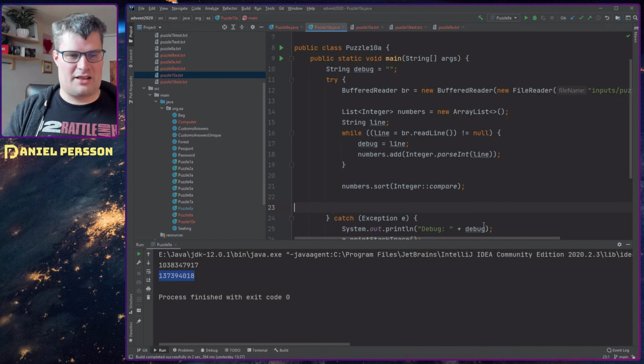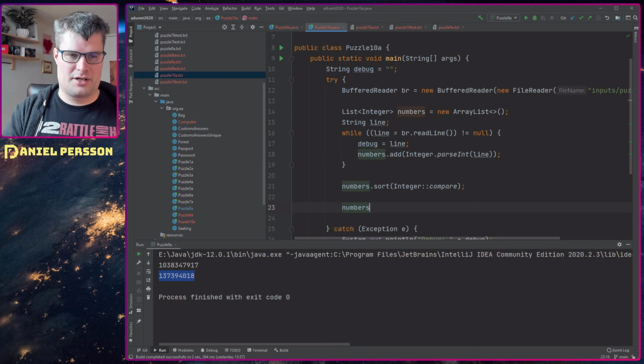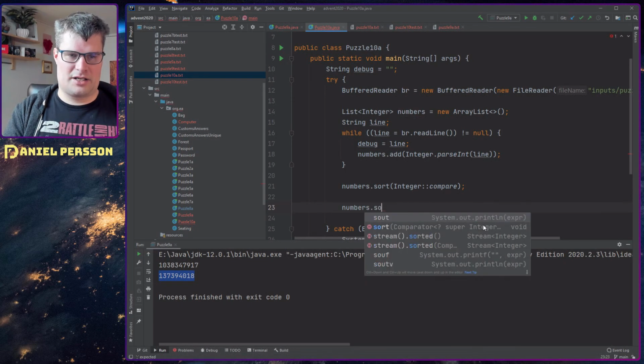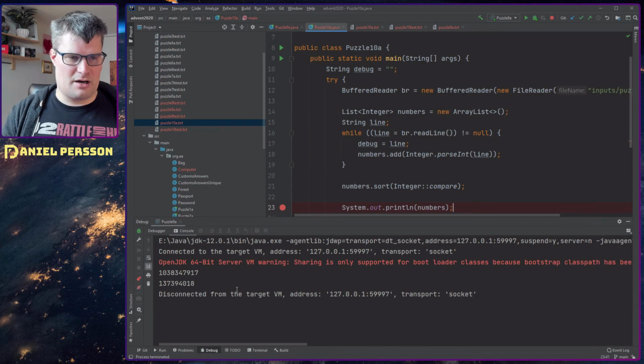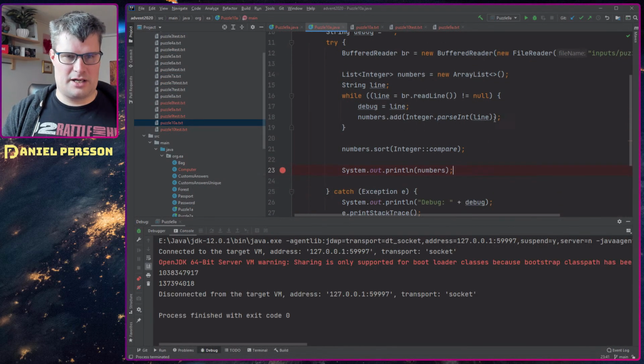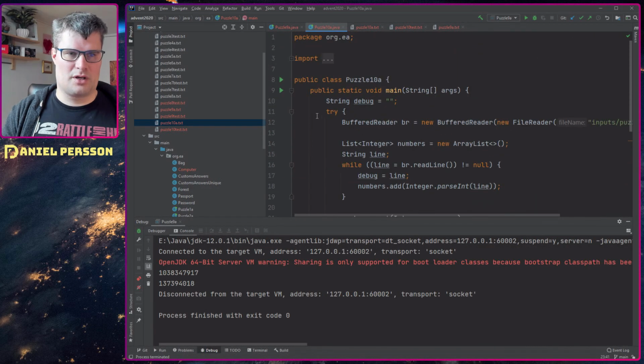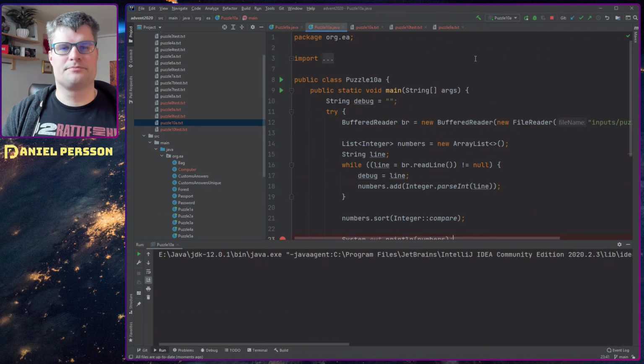So if we do it like that and then print the numbers out and stop here, we should have a list of sorted values in our little array here. The wrong example.